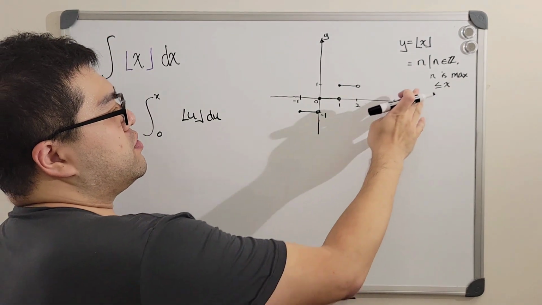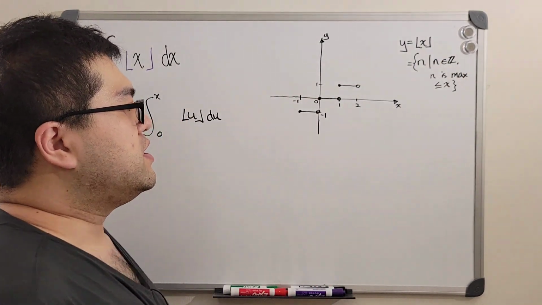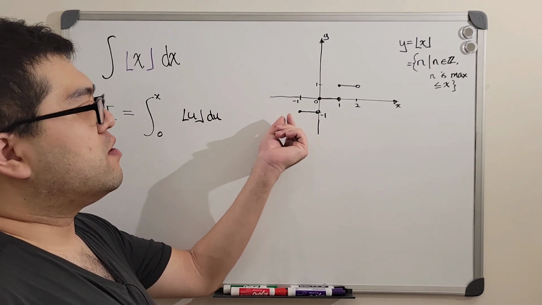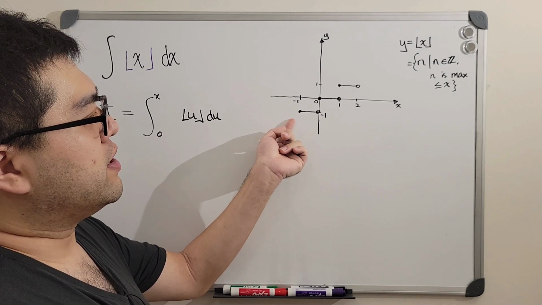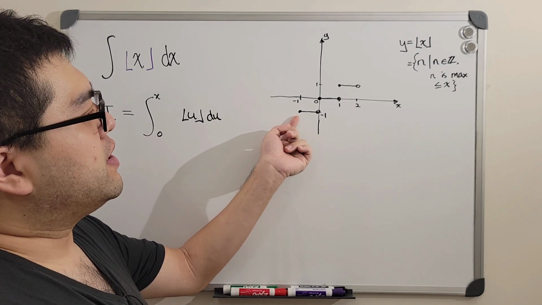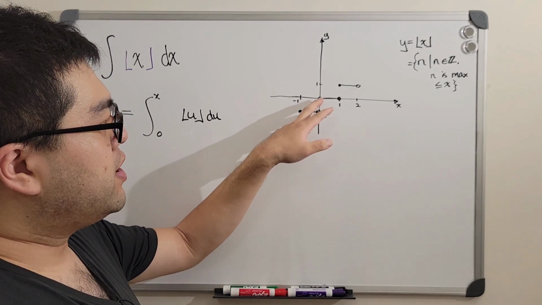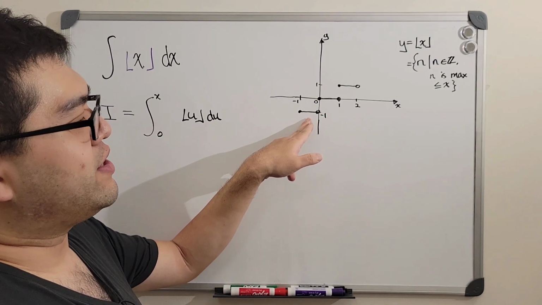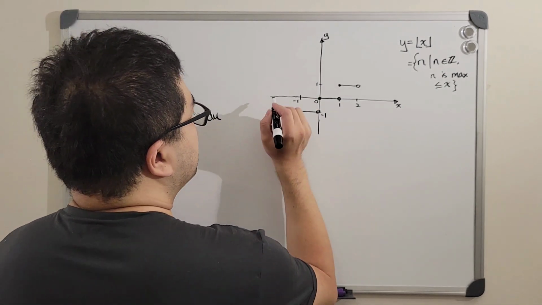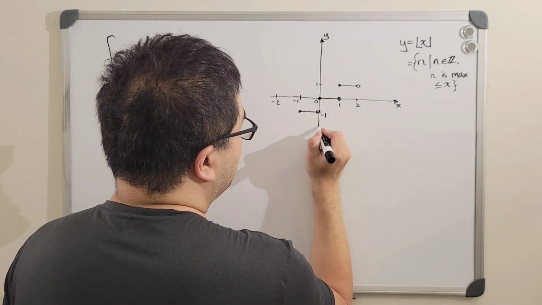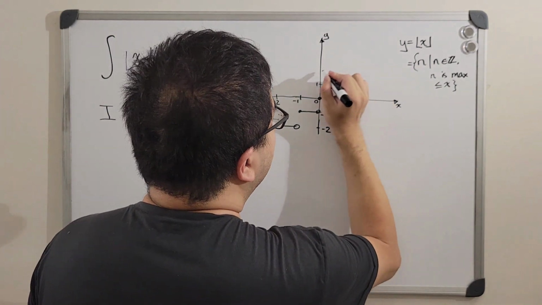We need to go back to the definition that any number between -1 and 0 is bigger than -1, but always less than 0. So we cannot choose 0. And since the output has to be an integer, the highest value that we can choose is -1. Okay, we'll list one more here, -2. So this is how the graph will actually look like.